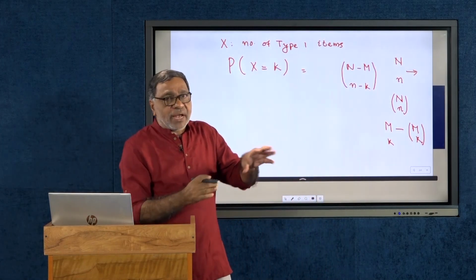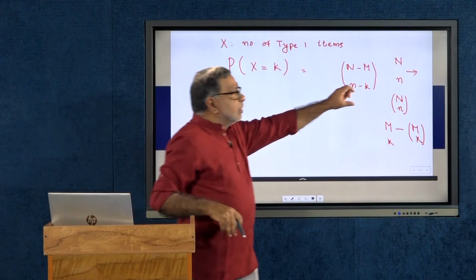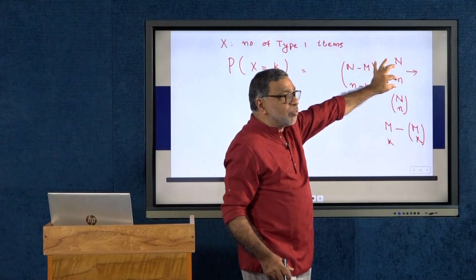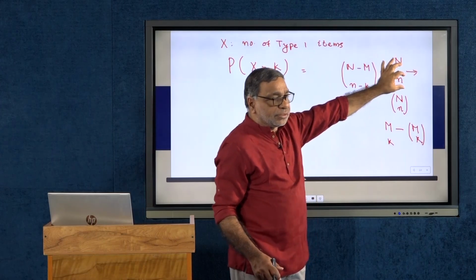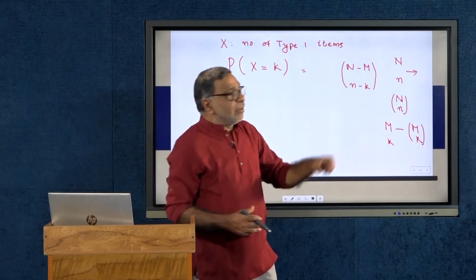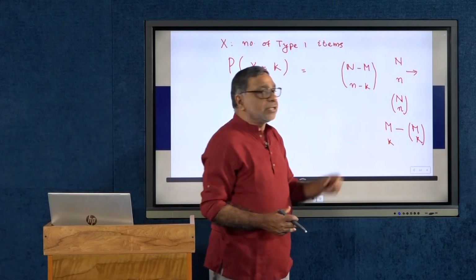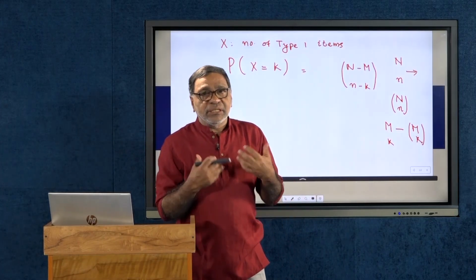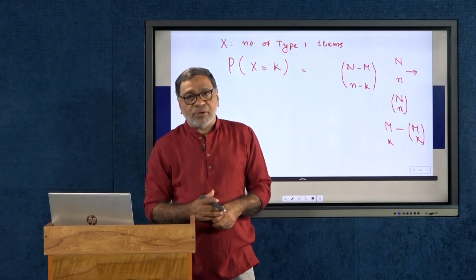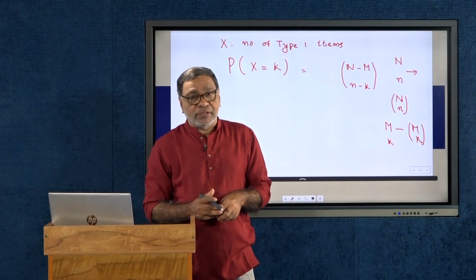So this is the background: we have N items and we are selecting small n items from the population, and there are N C n total ways. We have M type 1 items and we are selecting k items, so there are M C k ways favorable to k type 1 items.